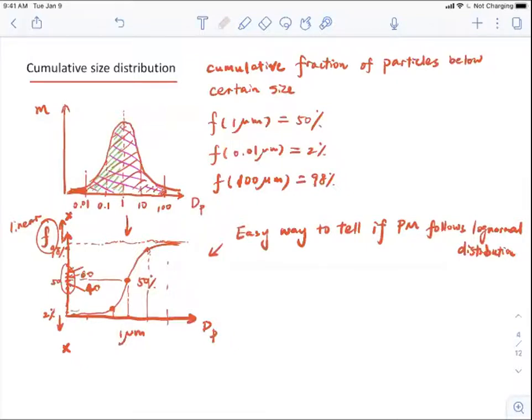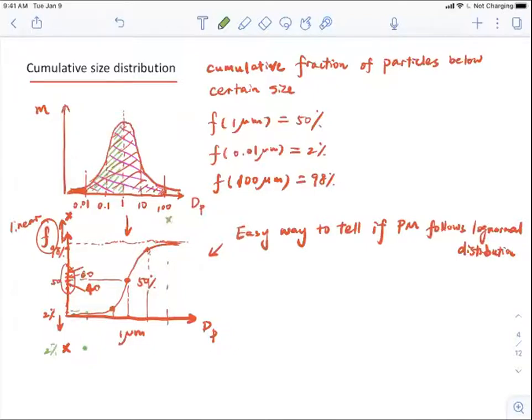So basically what we eventually achieve is that we're going to have this new point, let's say 0.01 micrometer corresponding to 2%. So the new 2% is here, and then we're going to put the point at this location. And at the same time, in this newly stretched curve, we're going to have 98% here.